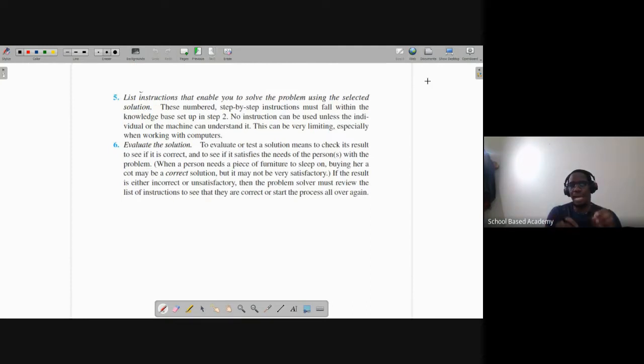So once you do that, you list the instructions that enable you to solve the problem. So find a piece of a board or stick or whatever, and ensure that the stick is a particular length. The stick can't be too much shorter than where the ball is in the tree.